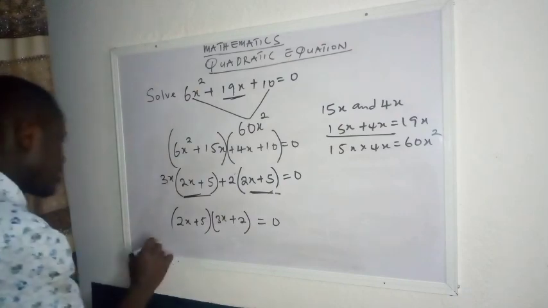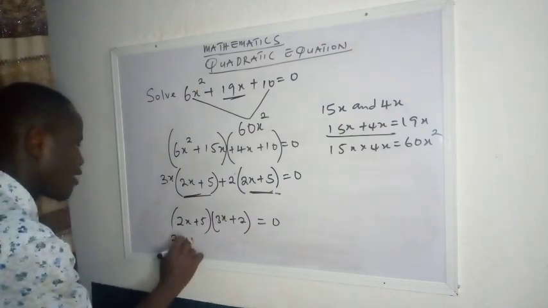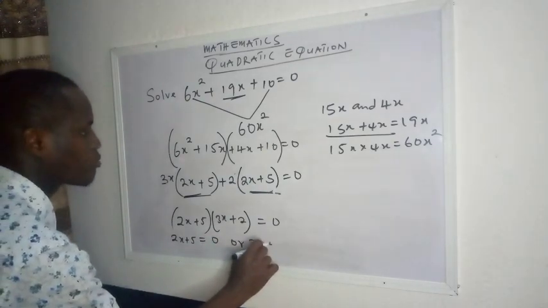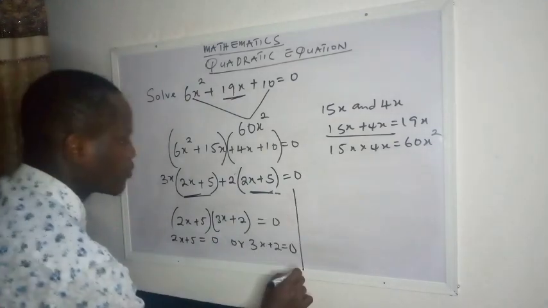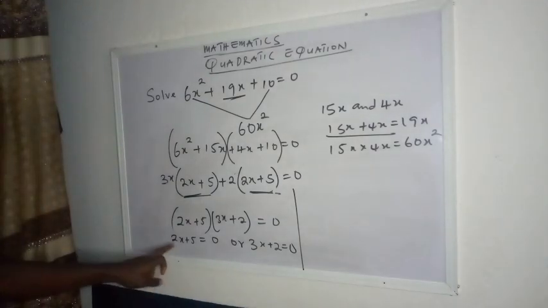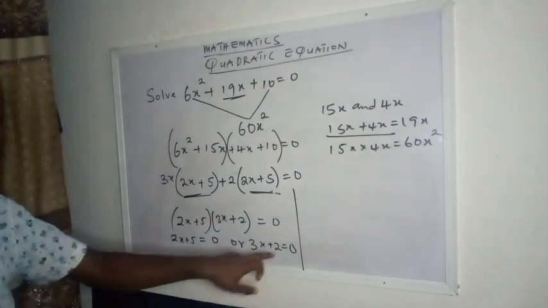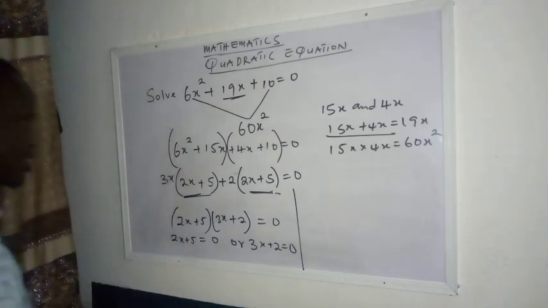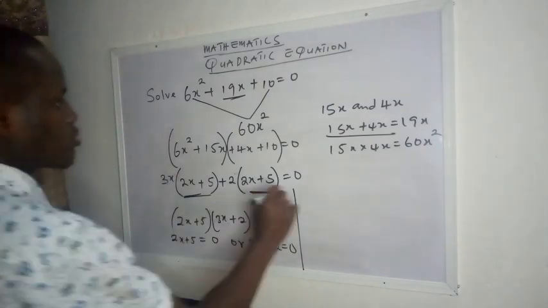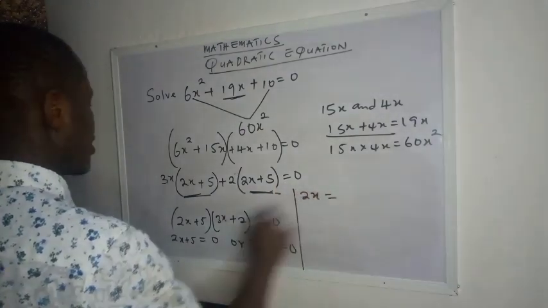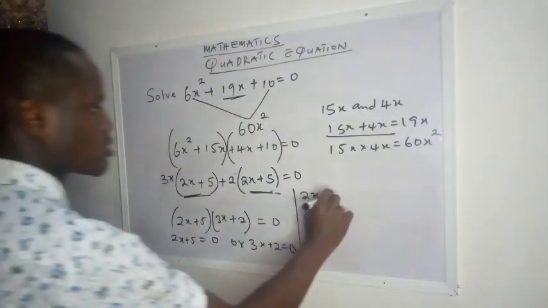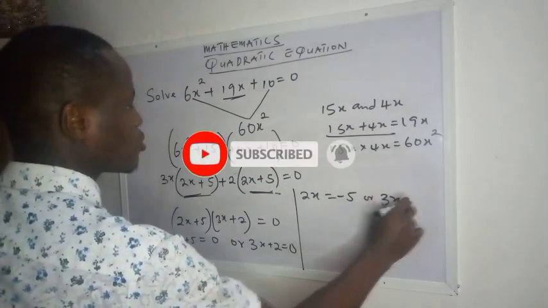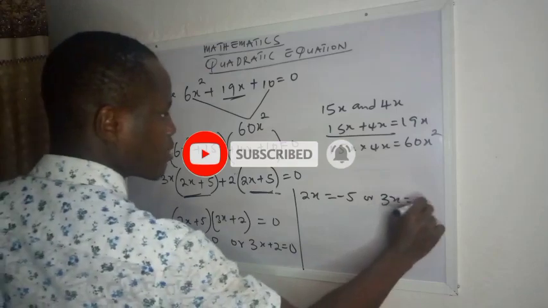Now this implies that either your 2x plus 5 is equal to 0 or 3x plus 2 is equal to 0. So I'm going to take the constant value to the other side, the right hand side. I'm going to get 2x equal to plus 5 crosses and changes to minus 5, or I'm going to have 3x equal to plus 2 crosses and changes to minus 2.